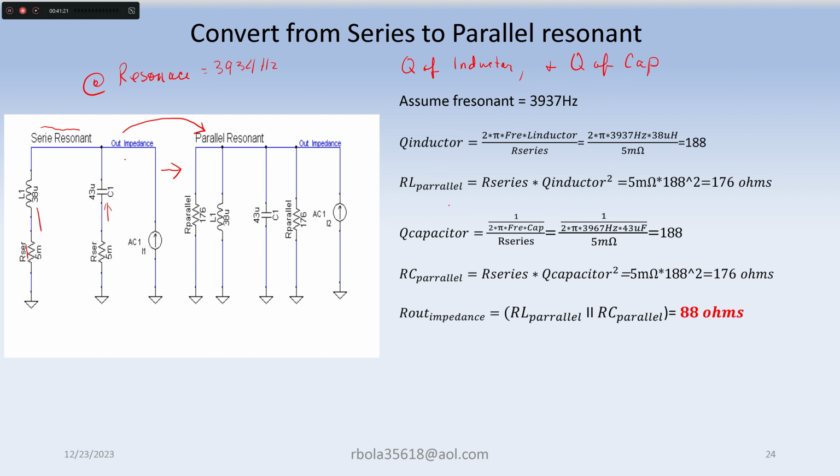Okay, so here is the formula. Basically the numerator is X of L, and this is the series resistance of the inductor, and when you plug it in, you get a Q factor of 188.